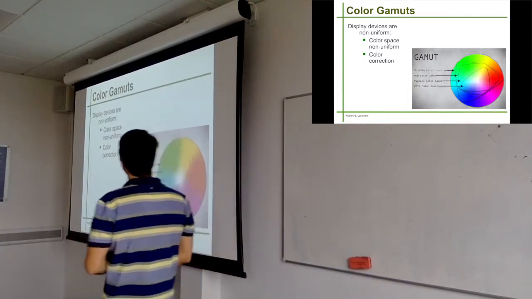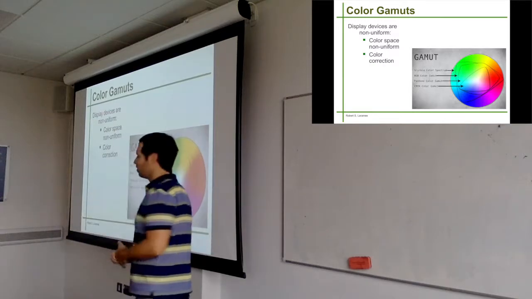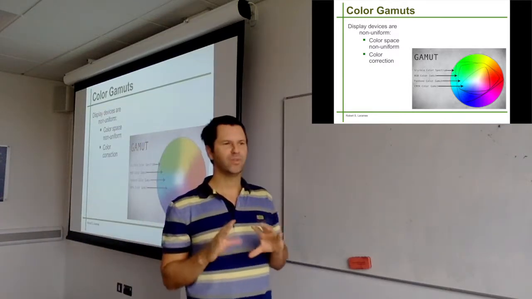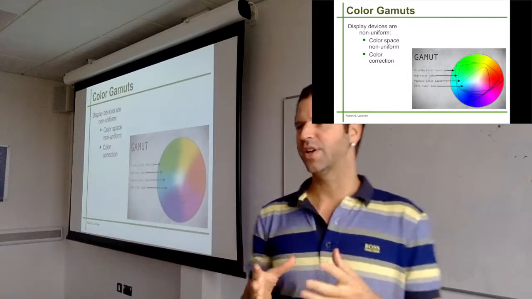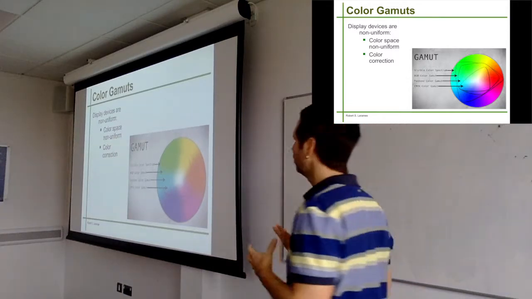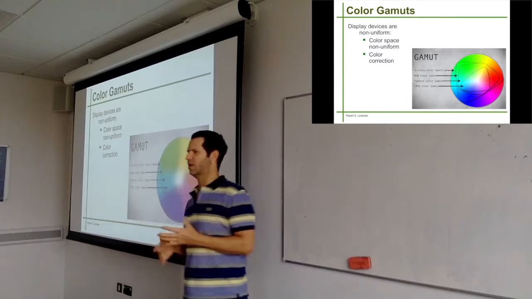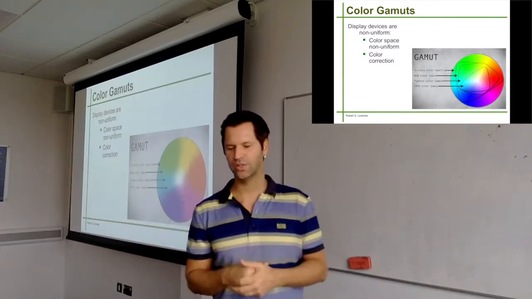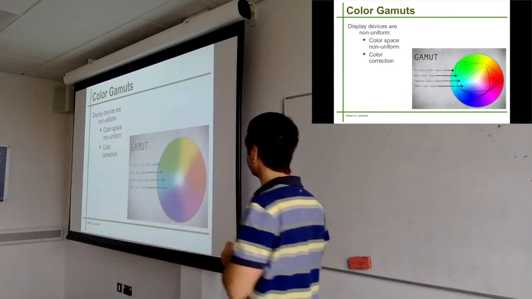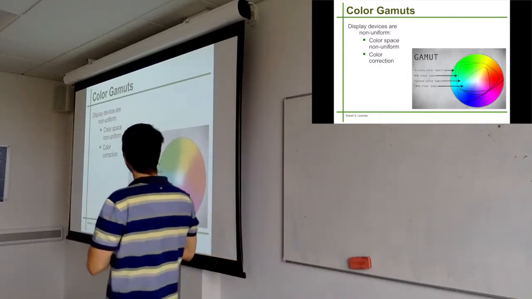Color gamuts. So this is about color and reproducibility and devices that produce color. Different devices are able to produce different sets of colors, and those are called color gamuts. Here's an example of a color gamut.